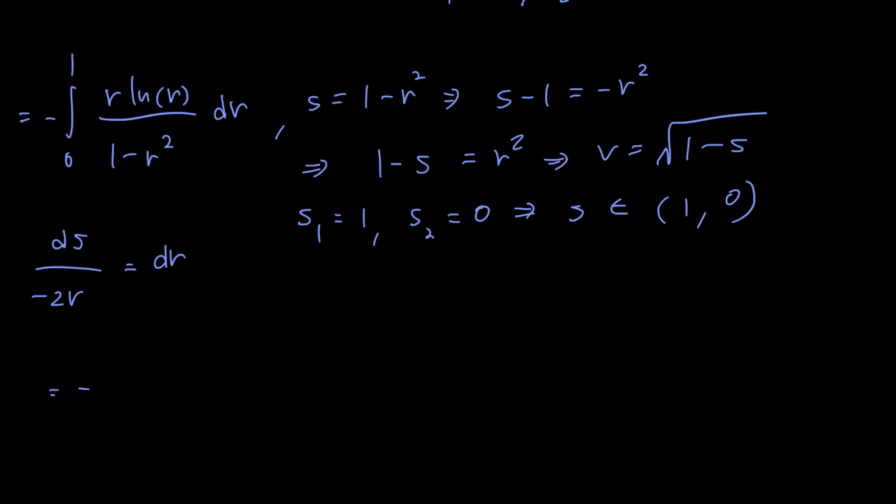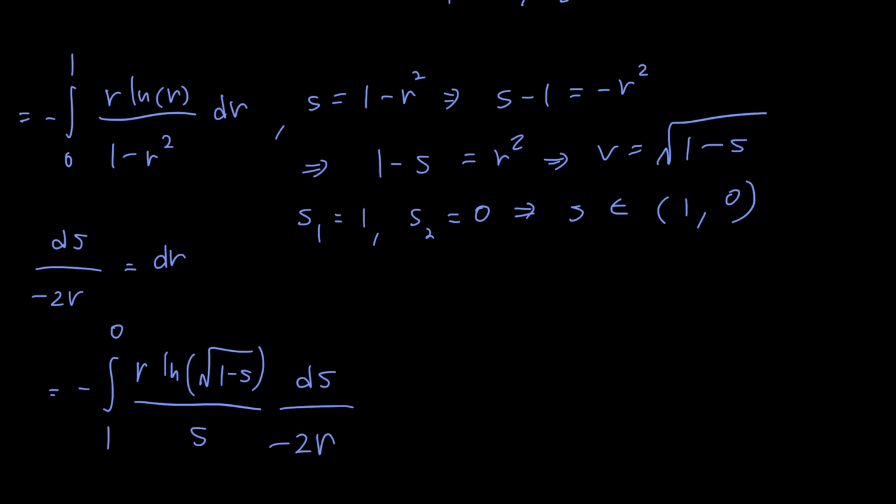So we have negative the integral from 1 to 0 of r log of the square root of 1 minus s divided by s, and dr is ds over negative 2r.